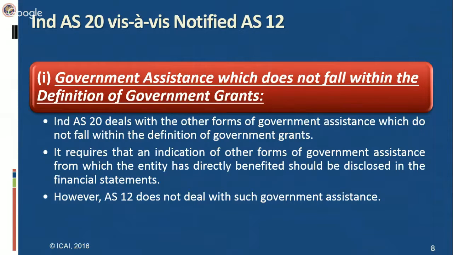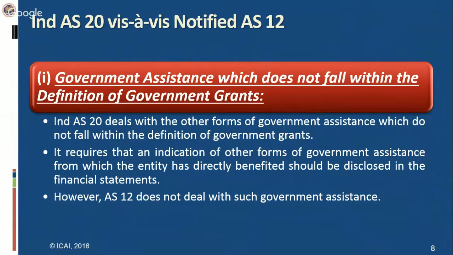But since it is the government policy and they have assured you, it is an assured sale. When it is an assured sale, it is in the form of assistance. So we cannot distinguish that transaction with the government from the normal trading transactions of the entity. Such types of transactions are also considered as government assistance, and that government assistance is disclosed in the financial statements of an entity who is getting such assistance from the government.